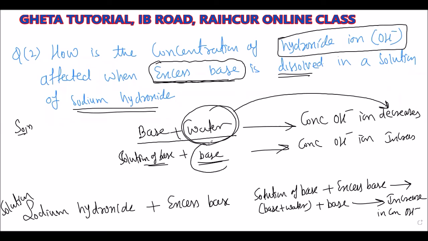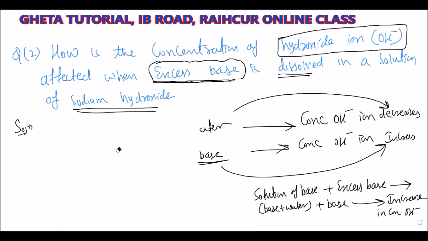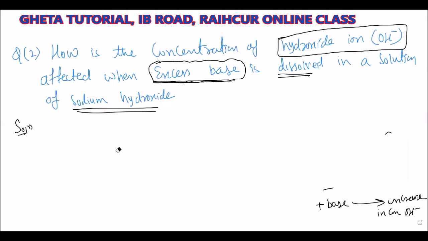But when the base is added, it increases, just because you are adding the excess base. If the base is added, the concentration of OH minus ion will increase. If water is added, the concentration of OH minus ion will decrease.